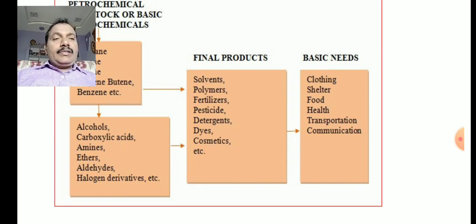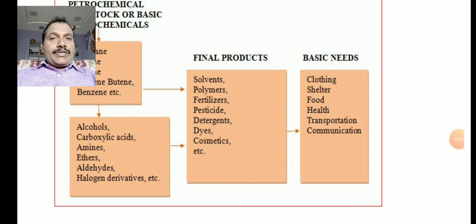Different materials can be used in construction design. Not only that, some of the petrochemicals are used in food items, the health and medicine sector, and transportation. And in communication, that is manufacturing communication devices. So the basic needs are fulfilled like this.